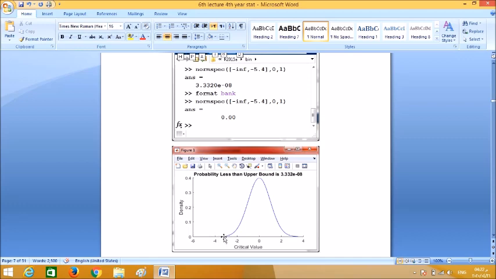You cannot see the area under the distribution here.